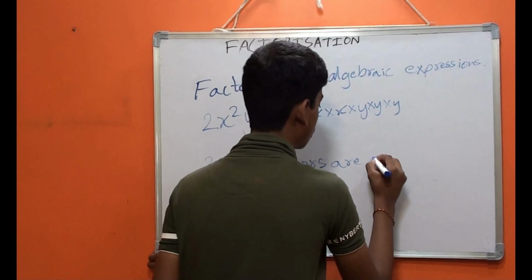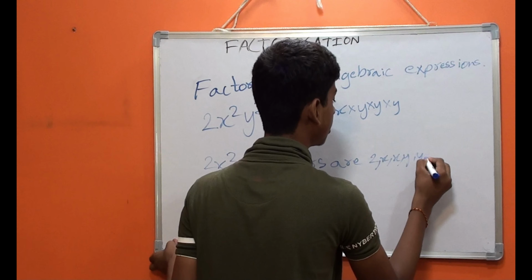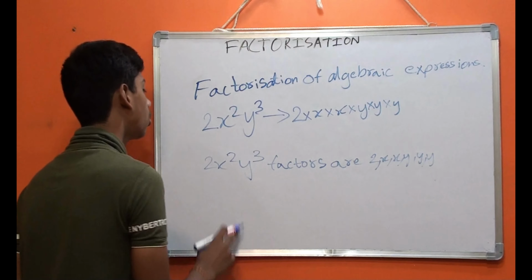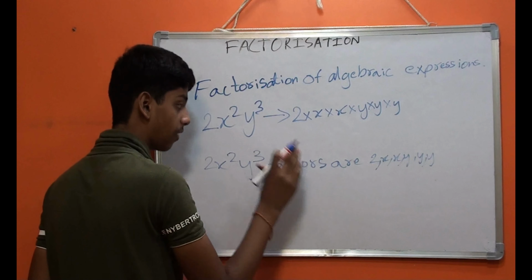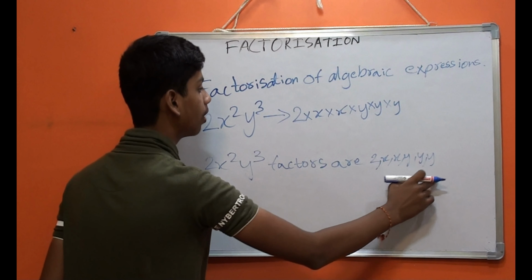So 2x square y cube's factors are 2, x, x, y, y and y.